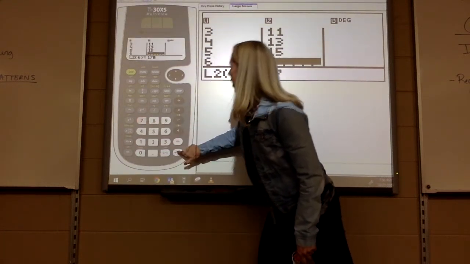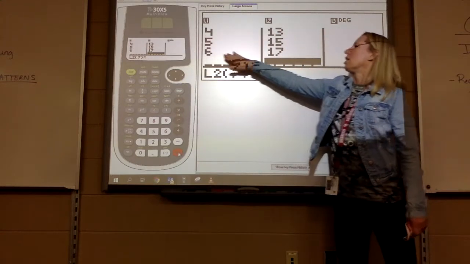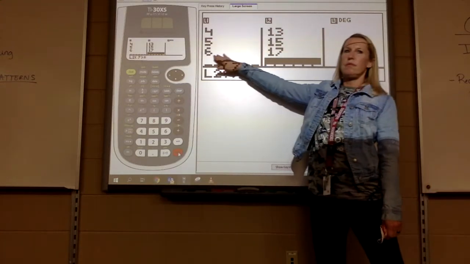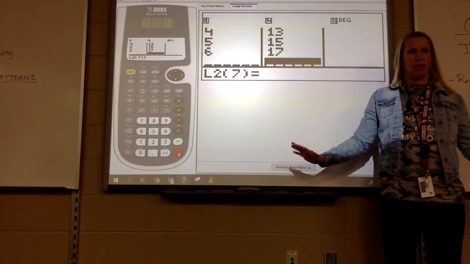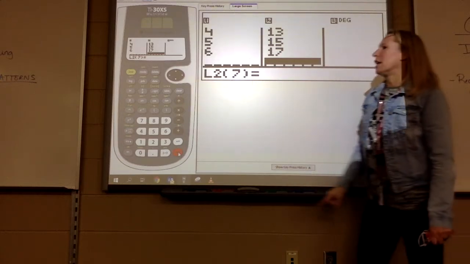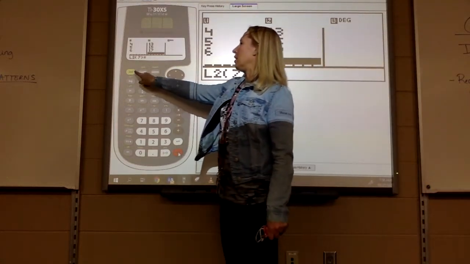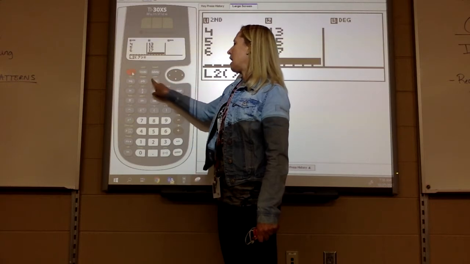Make sure these are even, the 6 and the 17. Everybody good? Now you're going to hit the second button and hit data again.